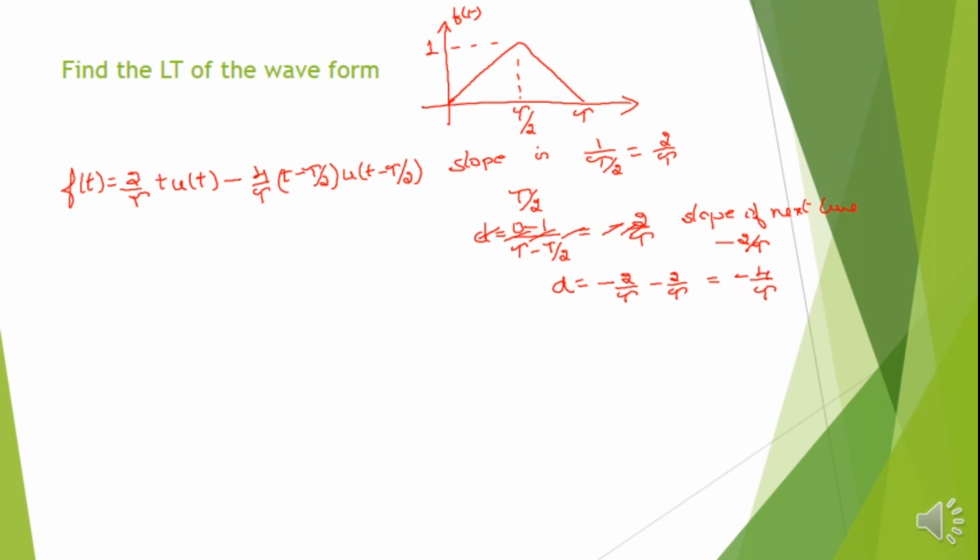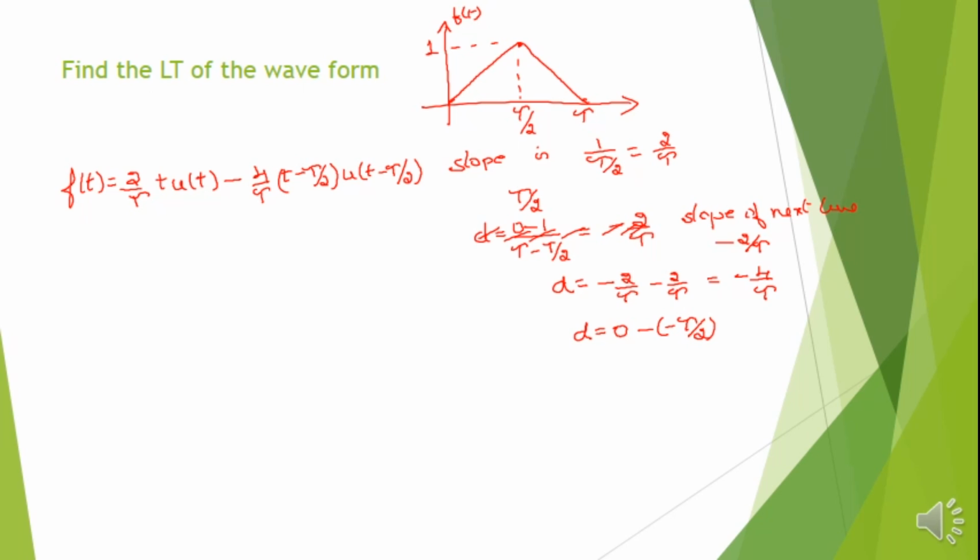Now, what about next? Is there any change in magnitude at this particular point? No, it starts from the same point. So b is equal to 0. Now, is the slope of this line 0? No. So once again there is a change in slope. What is the change in slope now?